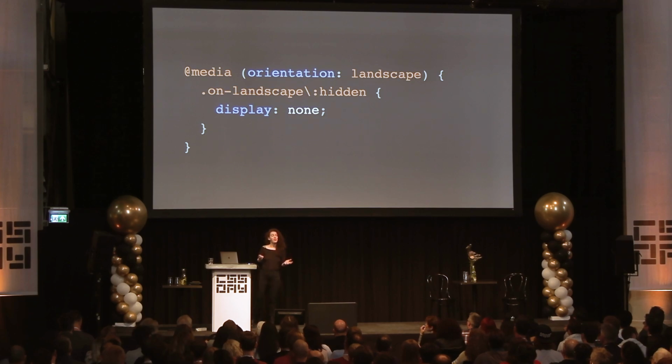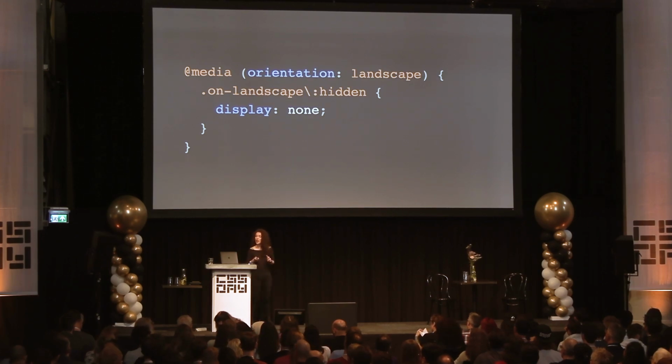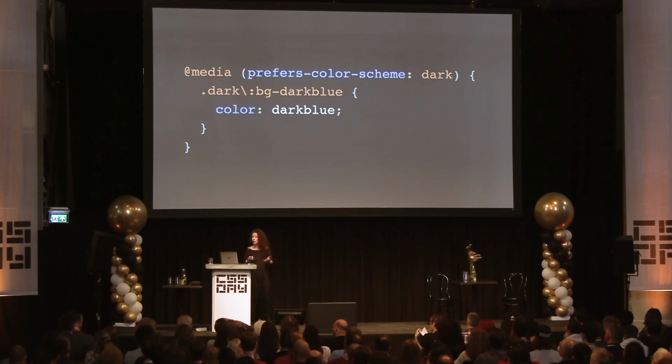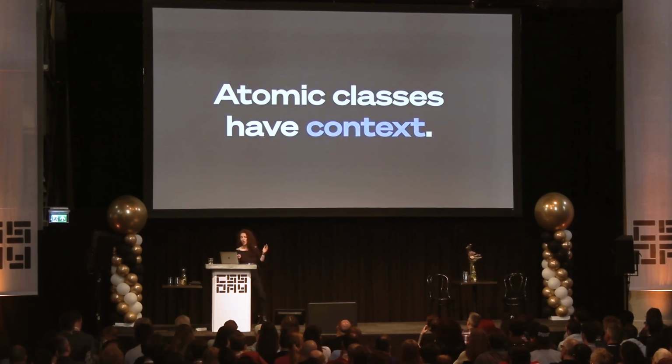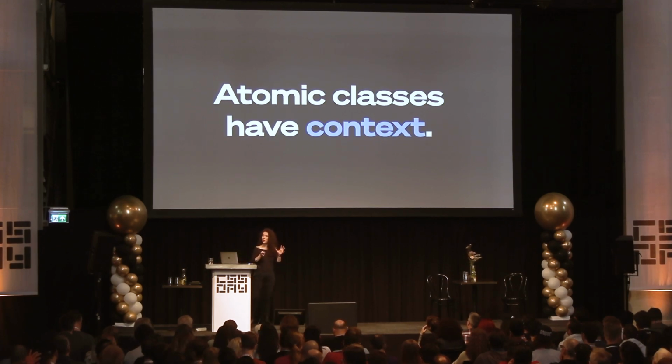You can even create styles that only apply in certain device orientations. Here, this atomic style only applies in landscape orientation. Or you can create styles that only apply in dark mode, and so on, up to the limits of your imagination. So this first one is a subtle yet crucial difference to understand: atomic classes have context.